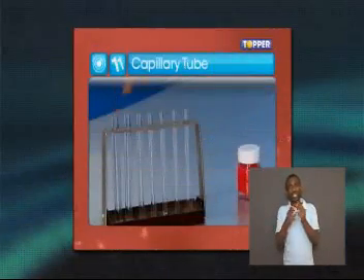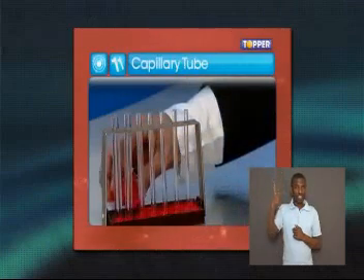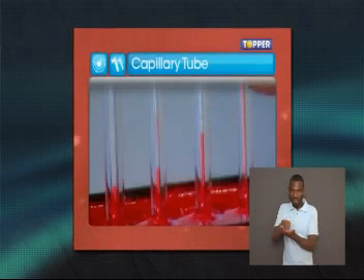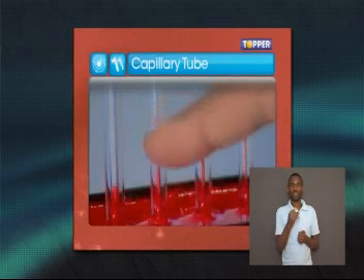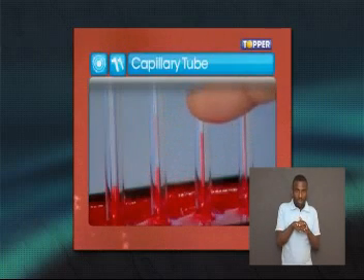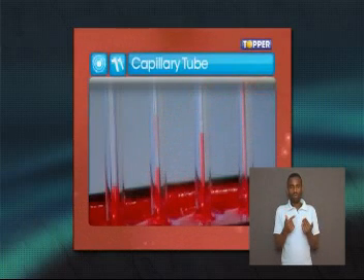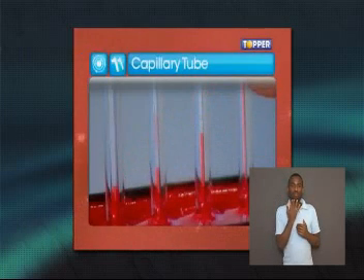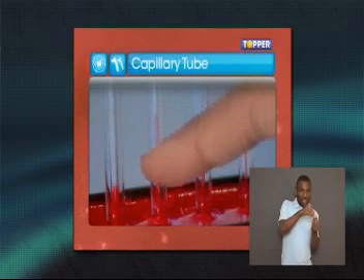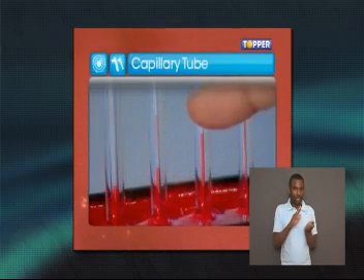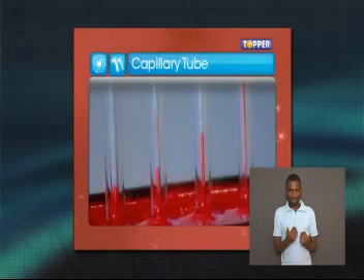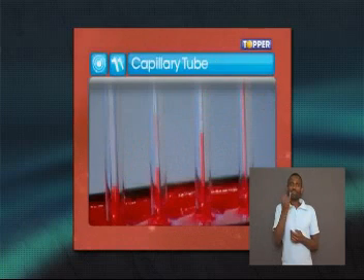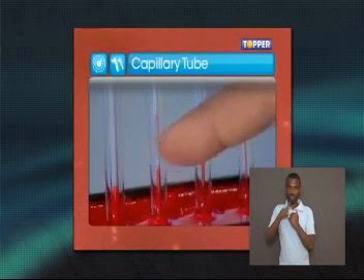Here we see a professor who has tubes of different widths. They are arranged from widest to thinnest. When she adds colored water at the base, you can see the liquid being drawn up into the tubes. Notice that the liquid rises the highest in the thinnest tube and rises the least in the widest tube.